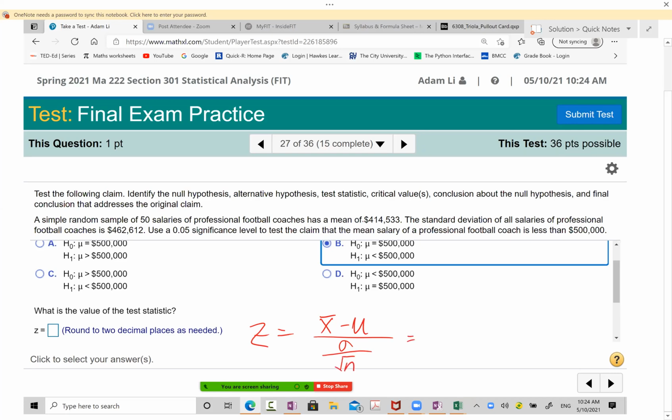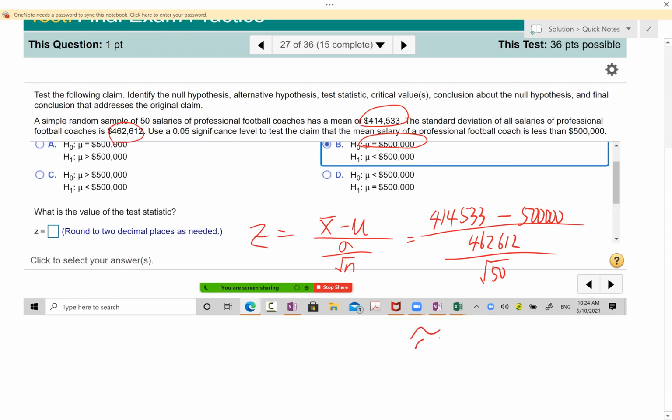Now here, the sample mean is 404,533. The population mean is 500,000. And the population standard deviation is 462,612, divided by the square root of the sample size, which is 50. Let's see what that is.